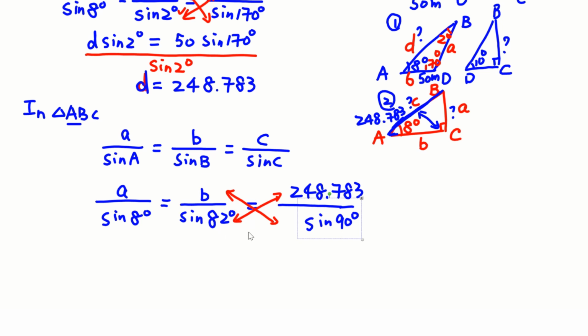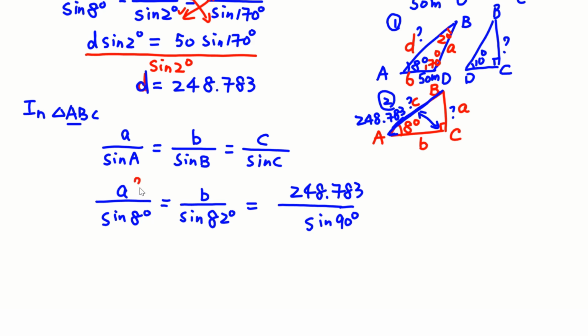Cross multiply will work all the time, even if your unknown variable is at the denominator. Okay, if the unknown is at the numerator, you could just multiply sine 82 to the other side. But for this one, be careful, we are not looking for B, we are looking for the A value.